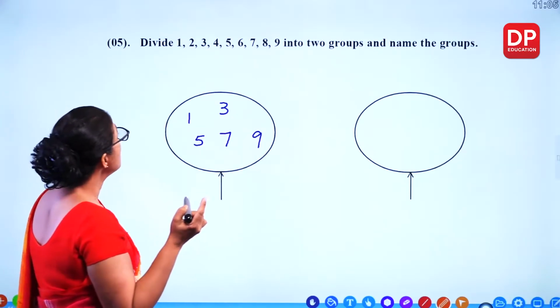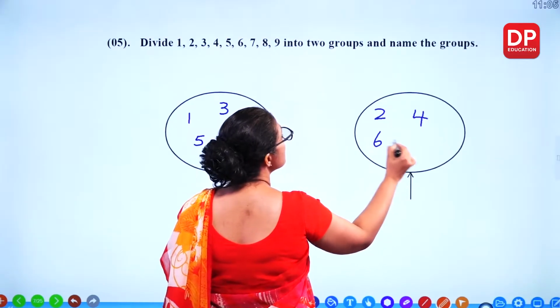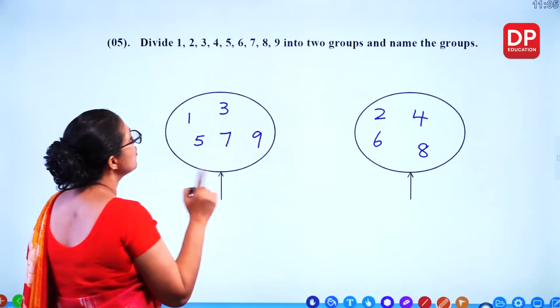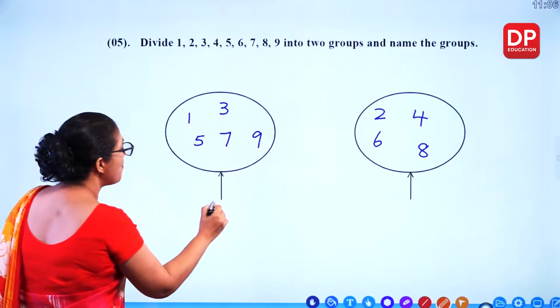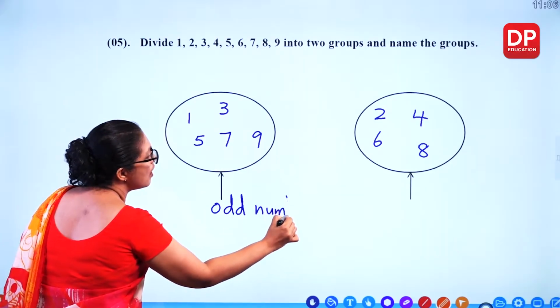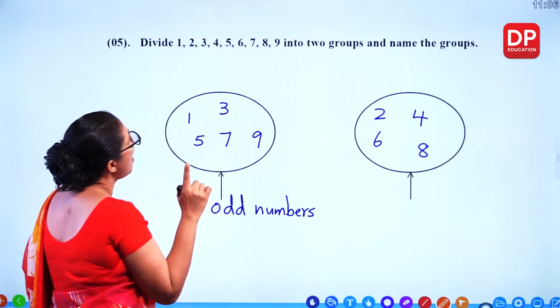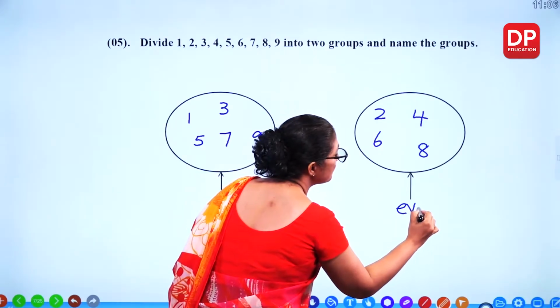And the other numbers 2, 4, 6, 8. What are those? These are odd numbers. And 2, 4, 6, 8 are even numbers.